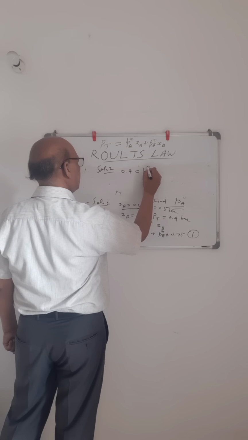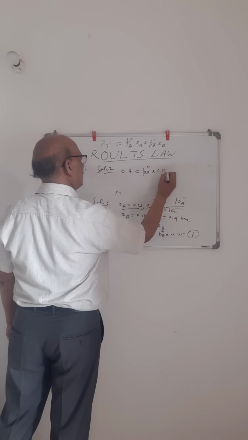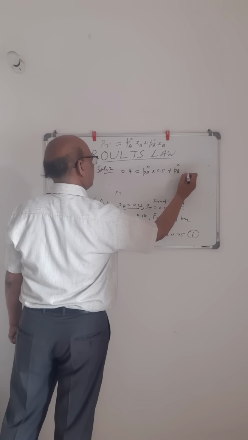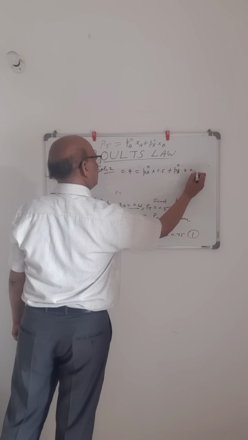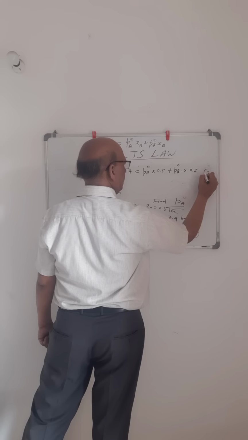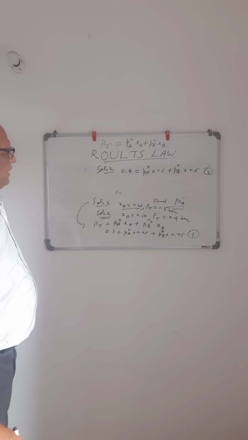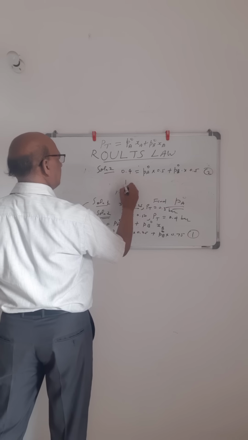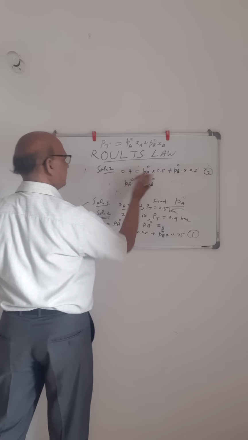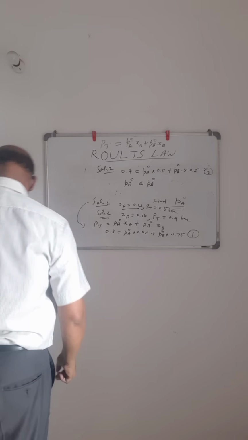PA naught we have to find out, into XA for solution number 2 is 0.5, plus PB naught into XB, that is 1 minus XA, so it will be 0.5. So this is equation number 2. So we have to solve equation number 1 and equation number 2 to find out PA naught and PB naught. So there are two equations and two unknowns that we can easily find out.